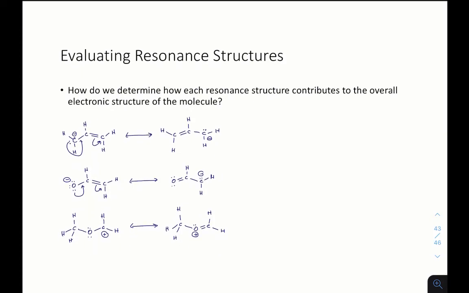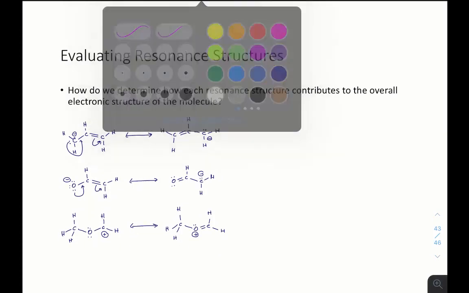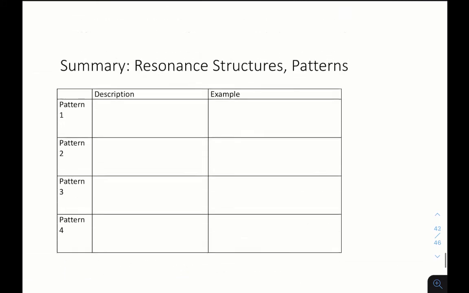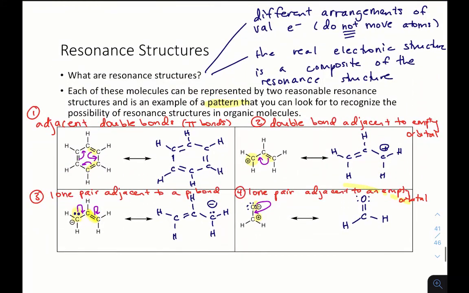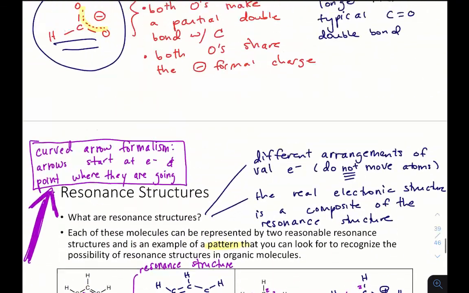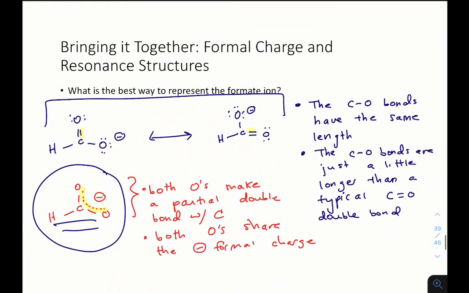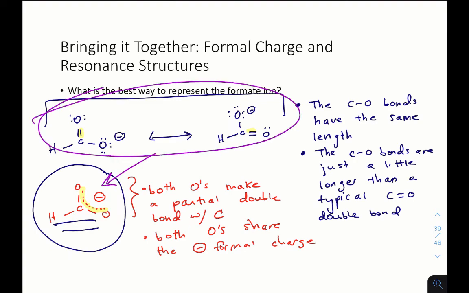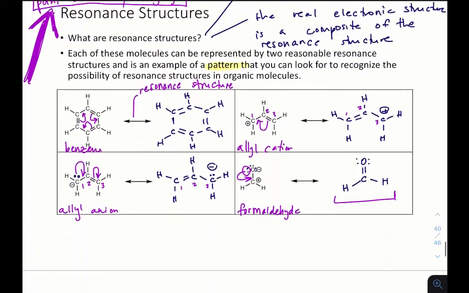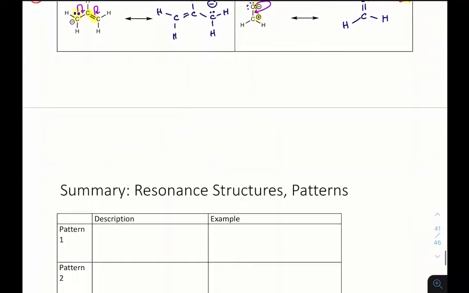Now, just because the real molecule is a composite of the 2 resonance structures, right? So I said all of these molecules are actually composites, just like we said for the formate ion. It's best described as a 50-50 mixture of these 2 resonance structures because they are equivalent to one another. There's no difference.